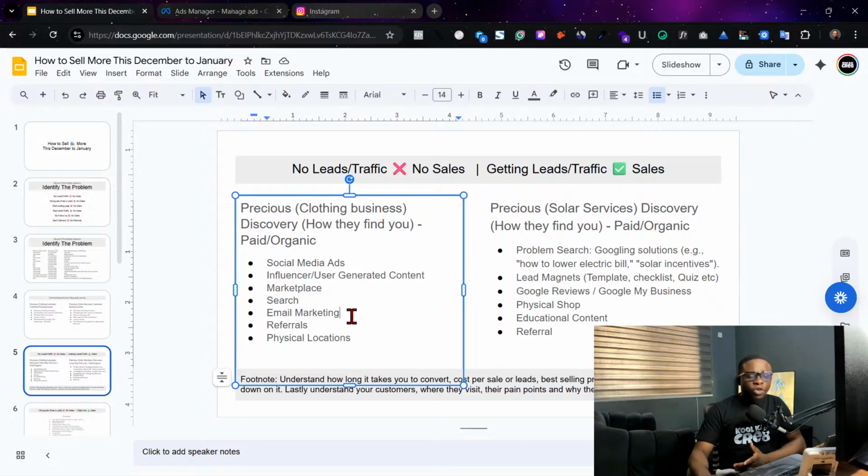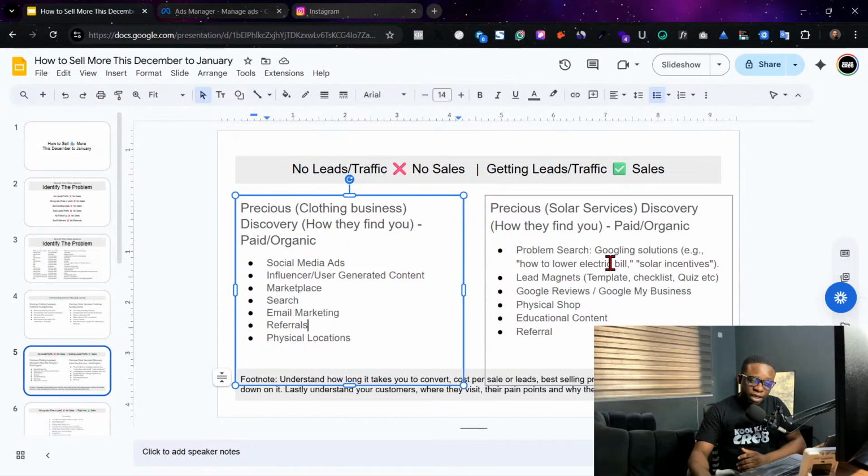Then email marketing. Most persons are not familiar with it, especially here in Nigeria, but email marketing works. You get people to join your email list and you sell to them, especially if they are interested in something, right? Then you have referrals. Once a customer buys from you, you can tell that customer to refer someone else and the customer gets a particular thing.